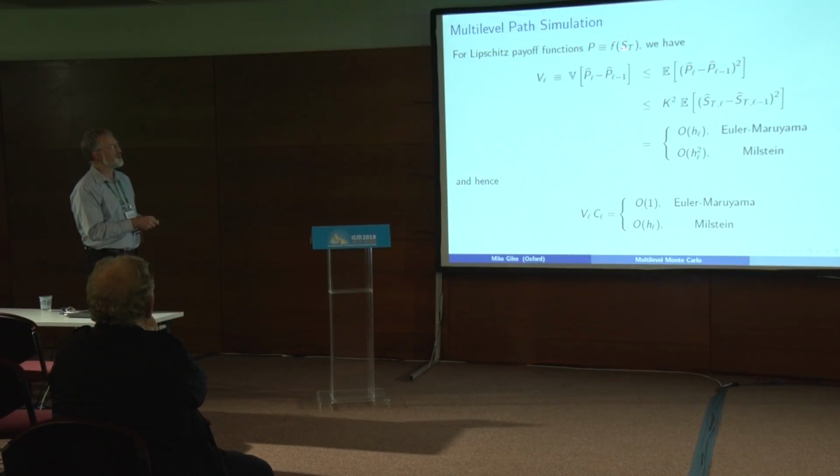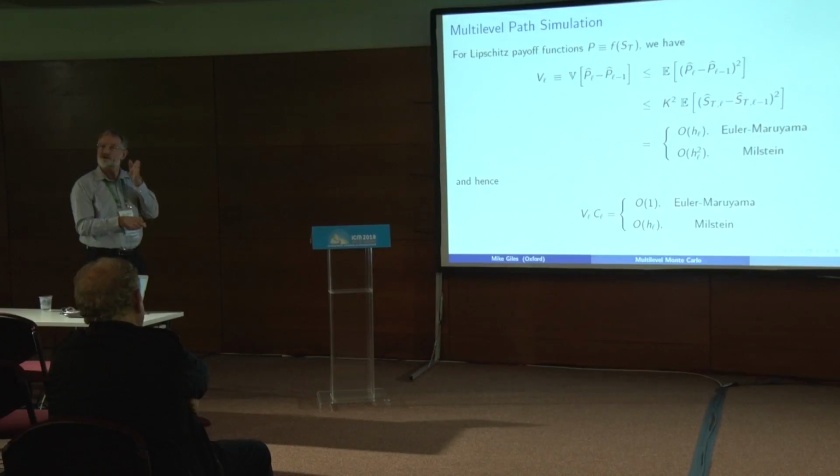And because of the Lipschitz property, that's less than the Lipschitz constant squared times the expected square of the difference between the fine path approximation and the coarse path approximation. But in the Euler-Maruyama case, each of those in root mean square is within order square root of h of the true path, and so the difference is also of order square root of h in the root mean square sense.